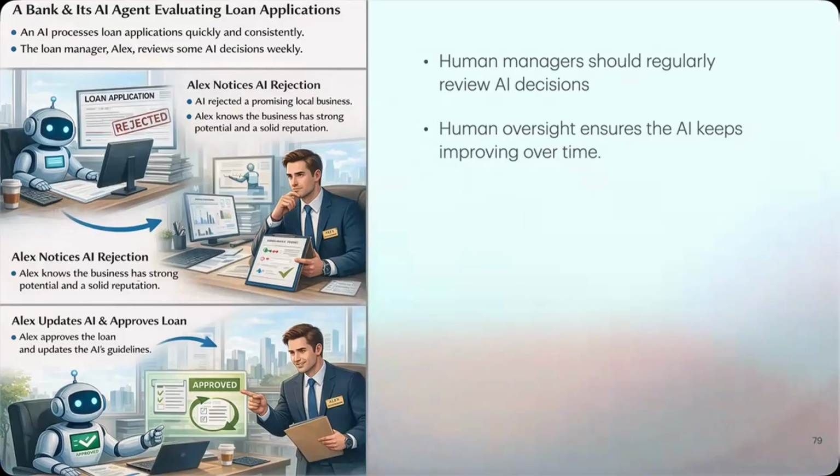During one review, Alex, let us say, notices the AI rejected a promising local business because of financial issues. However, Alex knows the business has strong growth potential and a solid local reputation, things the AI did not fully account for. So Alex steps in, approves the loan, and updates the AI guidelines so as to make a better decision in the future.